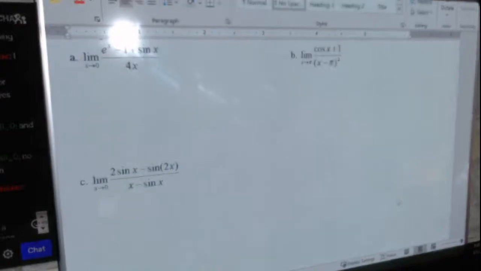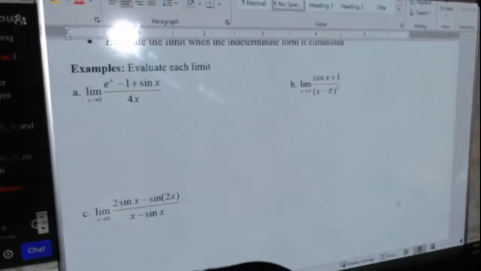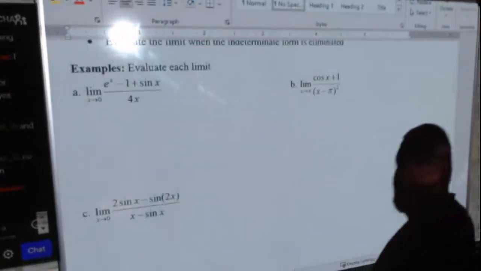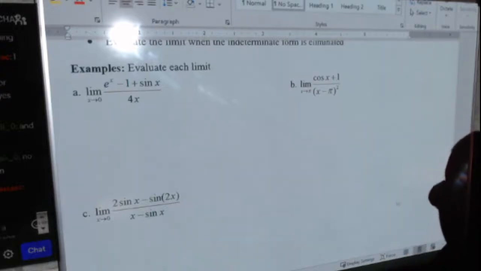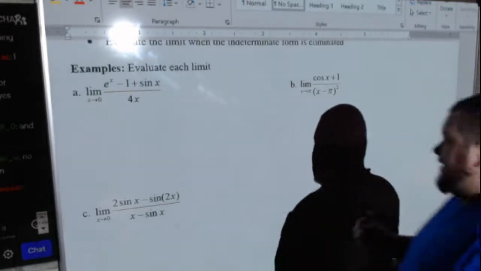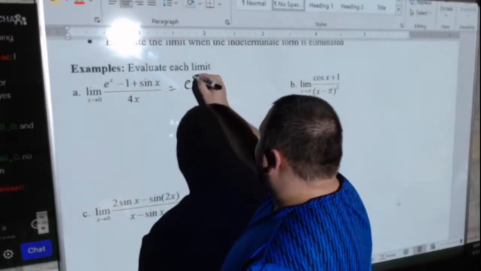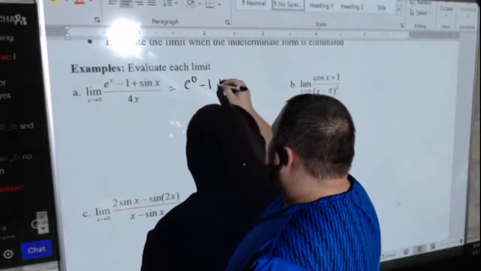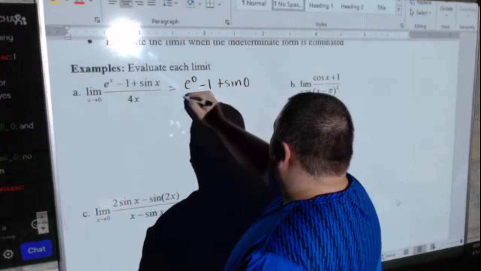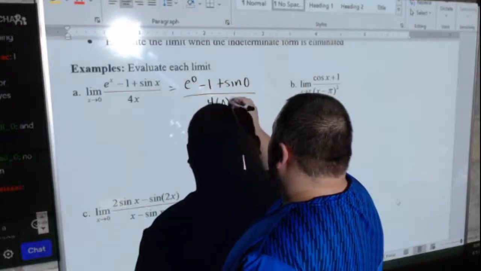Alright, so let me just demonstrate. This first one here says e to the x minus 1 plus sine x over 4x. So if I plug 0 in there, the limit as x goes to 0, what happens? Well, that's e to the 0 minus 1 plus sine of 0 all over 4 times 0.